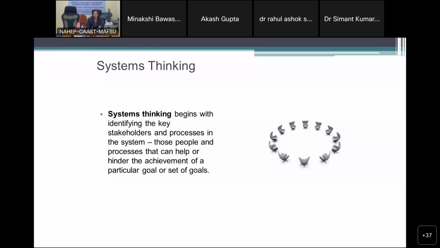Just imagine when this institute was formed, how the thinking was and how the thinking is today. Is there any change or not in the system, in the processes? Or is it exactly the same? Change. So after some time, again, there will be change, right?